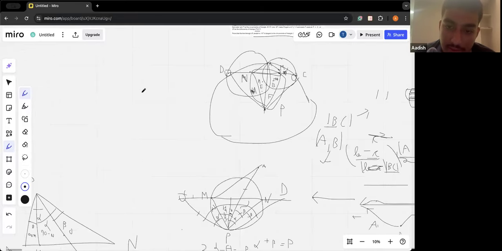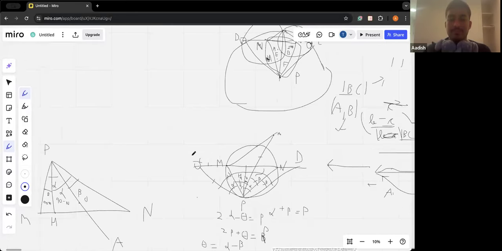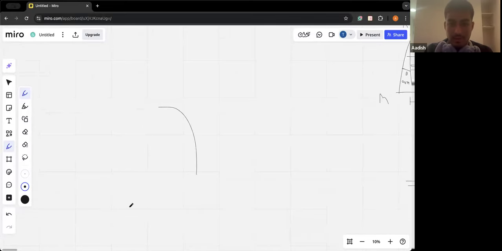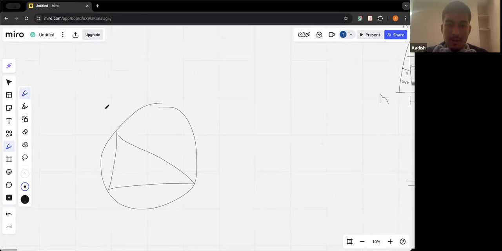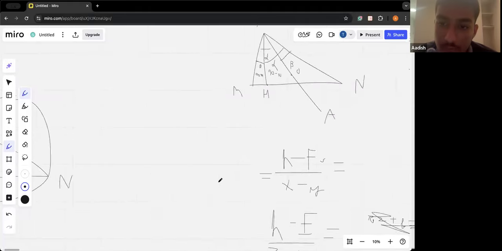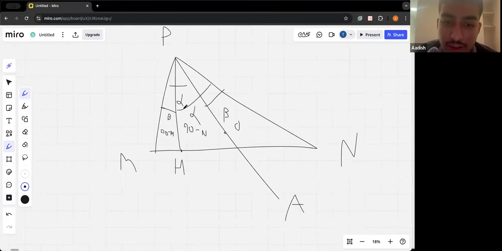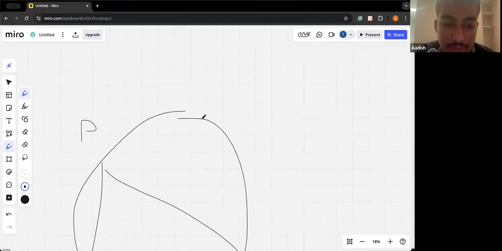Okay, let's think about this. Another diagram: we have a circle, we have triangle PMN. We have the line through P which makes an angle alpha with PM, and alpha we have just shown is 90 minus n.